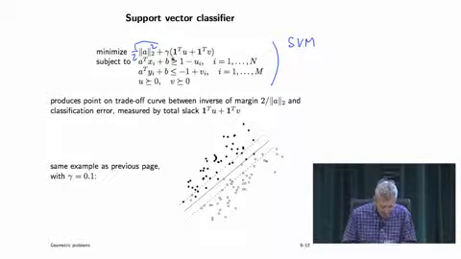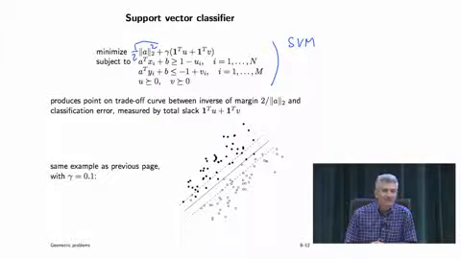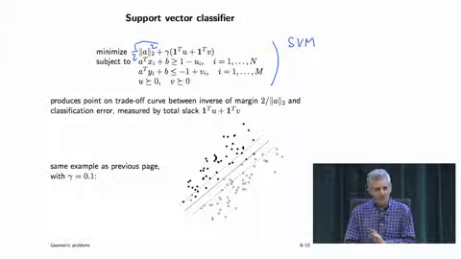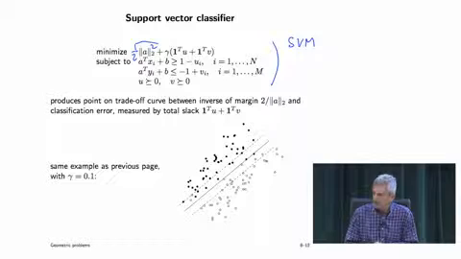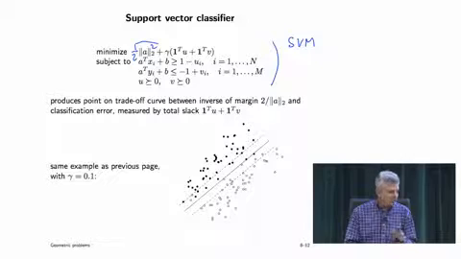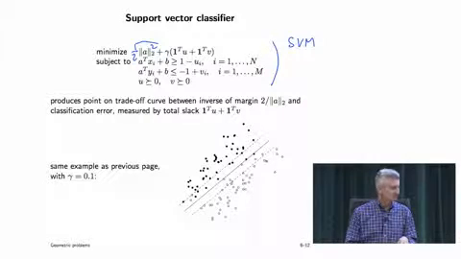Gamma here trades off the width of the slab and, very roughly, the number of inequality violations. And so you can imagine what turning that parameter will do here. This is unbelievably widely used. Not as much as least squares, but it's catching up.